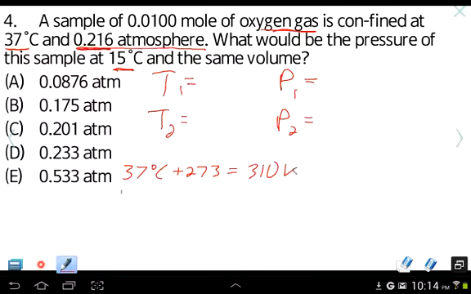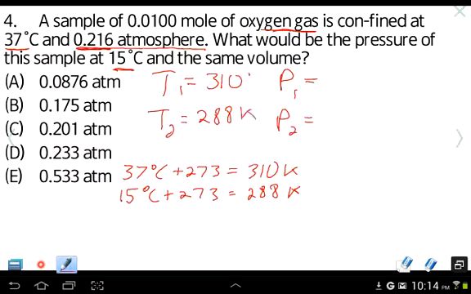Similarly with the 15 degrees Celsius plus 273 gets us to 288 Kelvin. So T1 is 310, T2 is 288, both in Kelvin. Our original pressure is 0.216 atm, and we want to know what our final pressure is going to be.